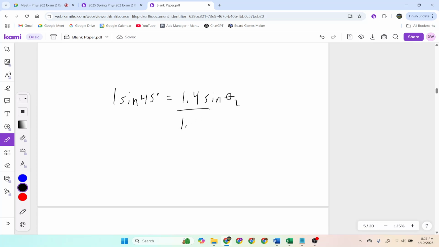I think it's pretty obvious that we divide by 1.4. If you plug the entire left side in a calculator, you'll get 0.505 equals sine theta 2.